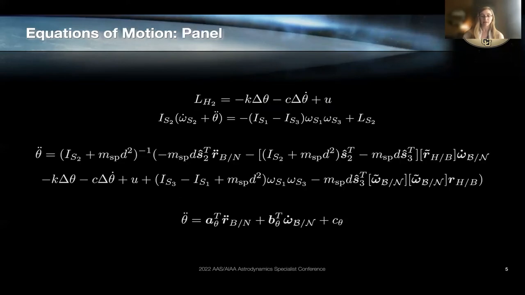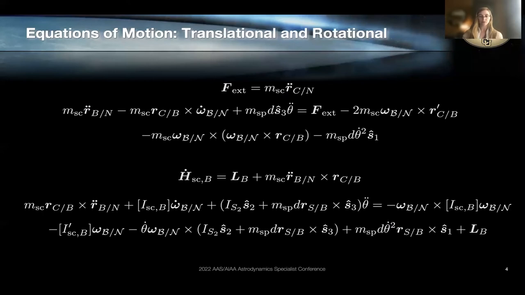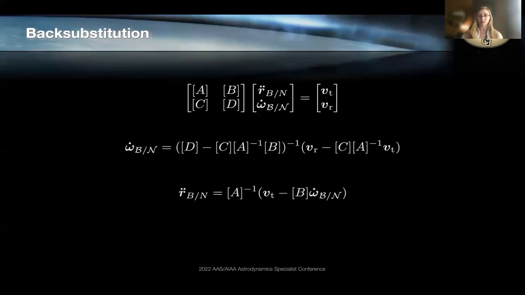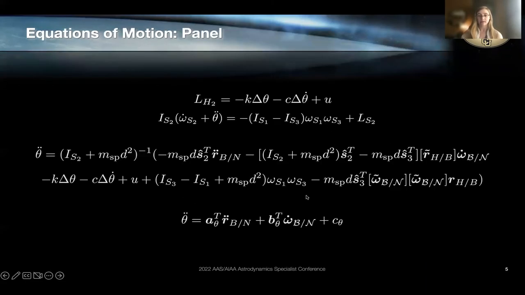So what we're doing is plugging the theta double dot term back in where you see the theta double dots in these two equations. Then we rearrange the terms so that we're isolating the r double dot BN and the omega dot BN in each of these equations. Whatever's on the right-hand side of these equations is what's going to show up over here, taking into account the C theta, as we rearrange the equations to have all these pieces.